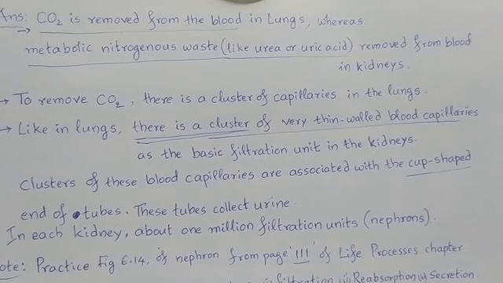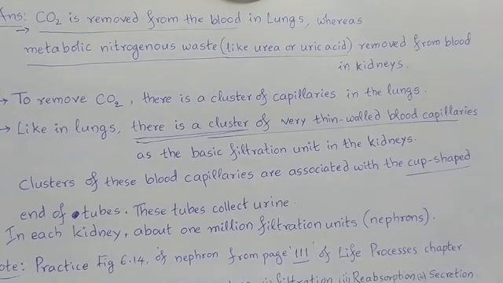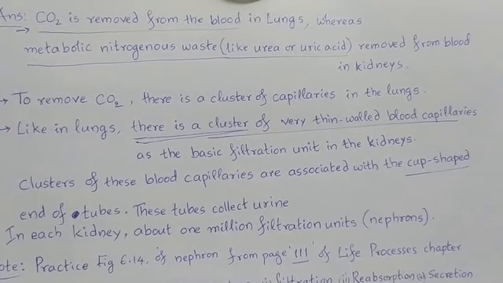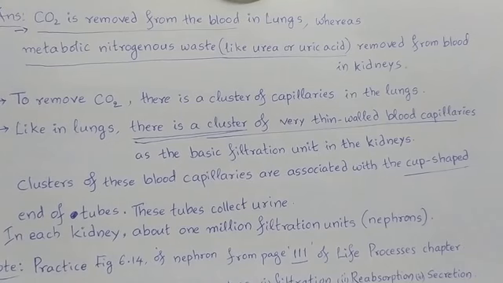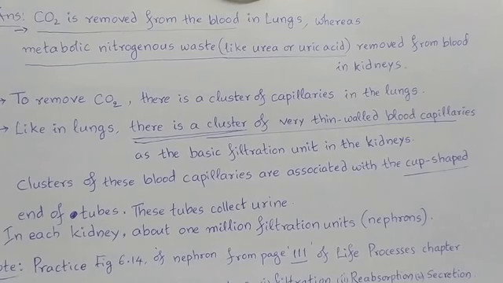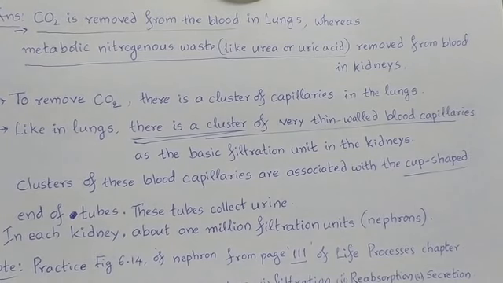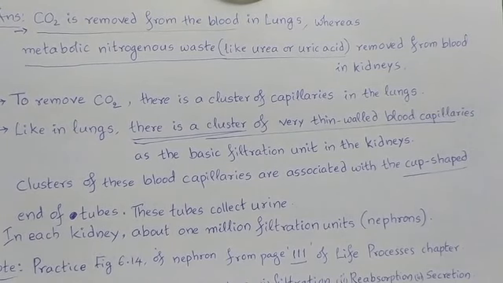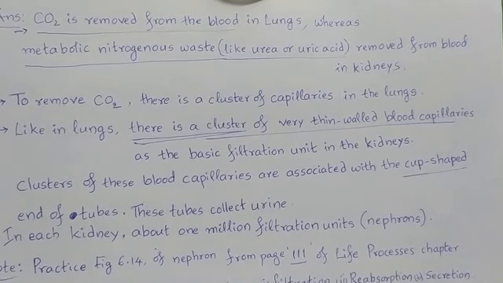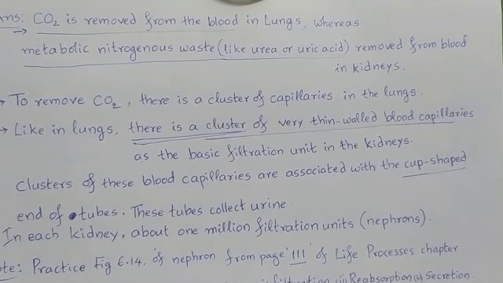So alveoli have single-celled thickness. Capillaries also have single-celled thickness. By means of diffusion, at the lungs, in blood capillaries the partial pressure of CO2 is more, and in alveoli the partial pressure of oxygen is more.